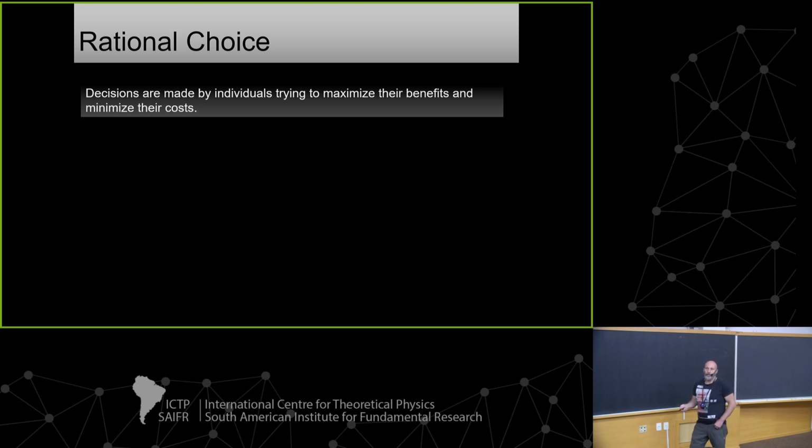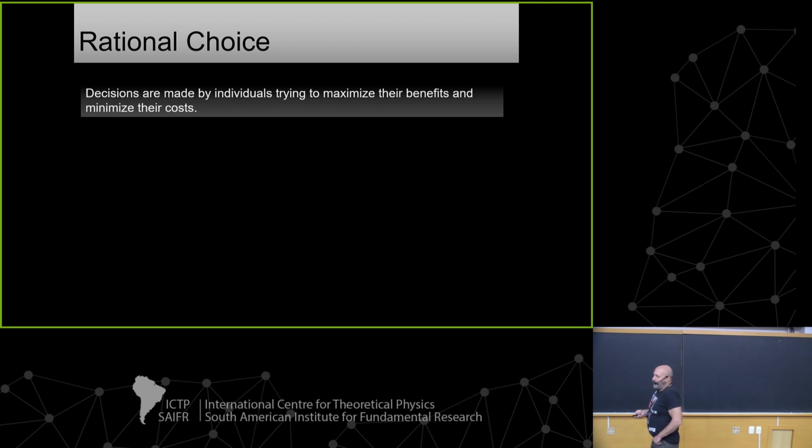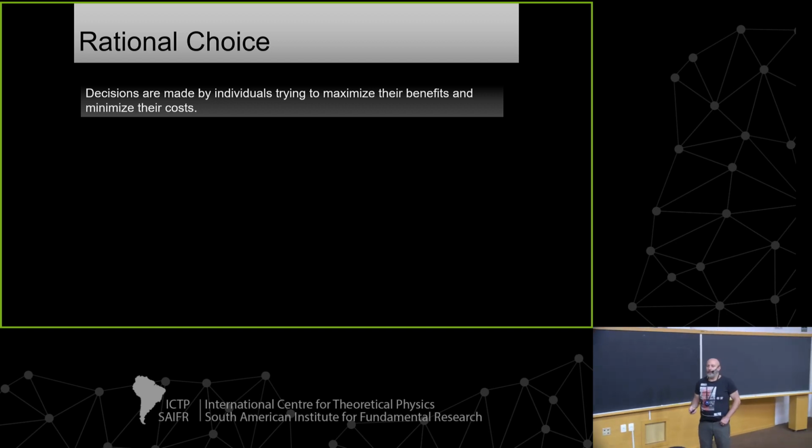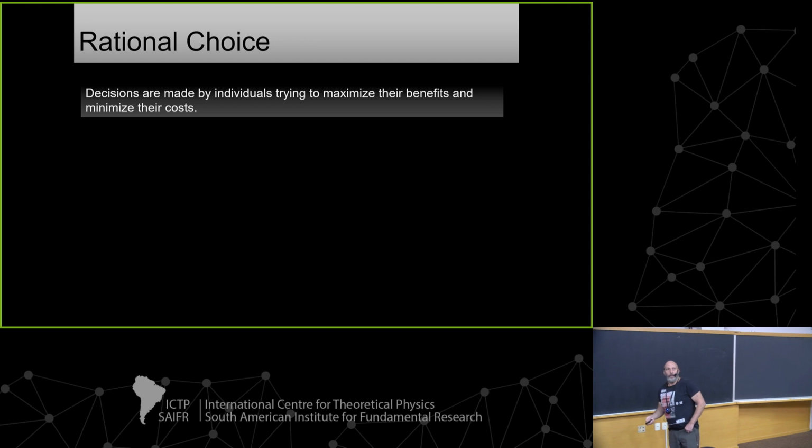This is the idea of rationality. I will take a decision that will give me the highest possible reward, and in case I have no possibility to evade the risk of a loss, I will behave in a way that this loss will be the lowest possible loss. Okay?